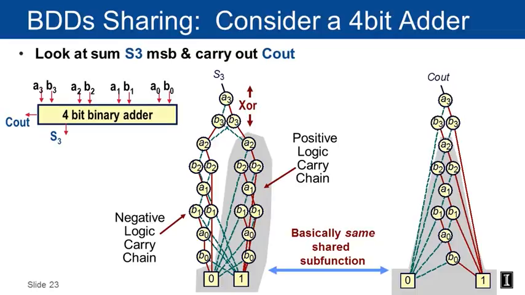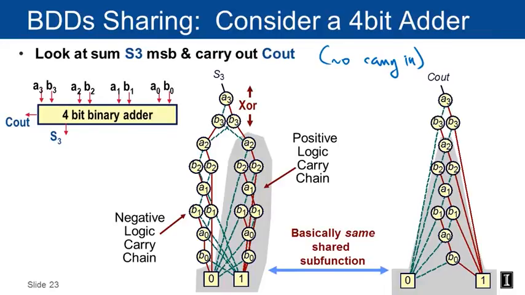It produces a sum, S3, S2, S1, S0, but I don't care about anything other than the most significant bit, the high order bit of the sum, that's S3. And it's got a carry out. And I will note here, just for completeness, that there is no carry in this example. So there's only a carry out, and there's a high order sum bit. If I were to build the BDD for the sum bit, S3, that is the BDD shown on the left.